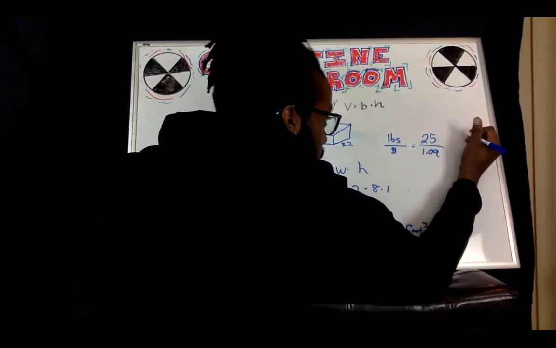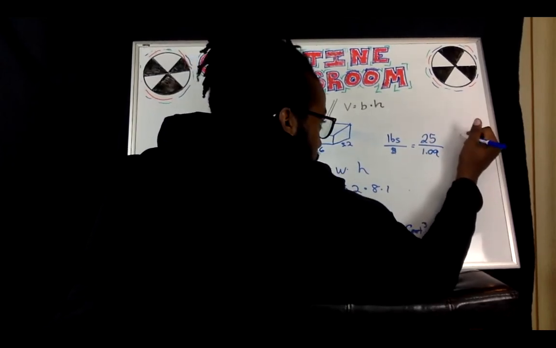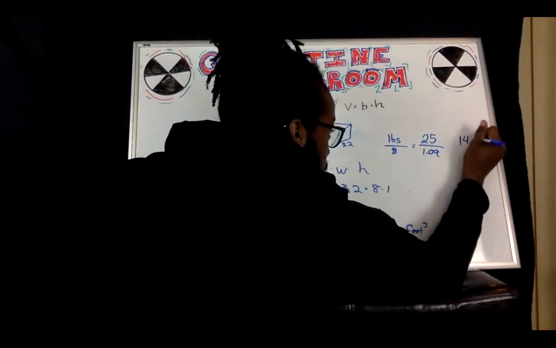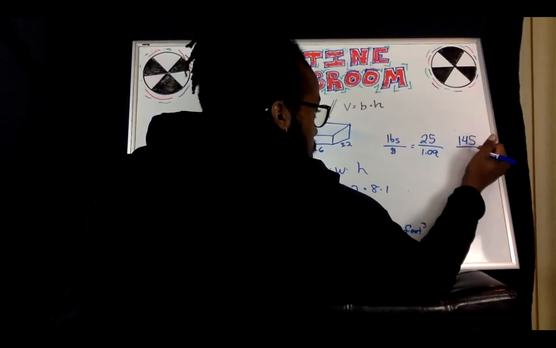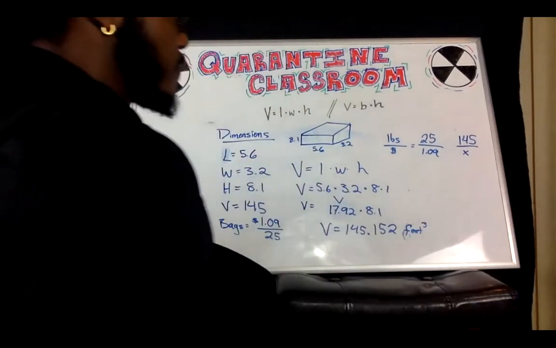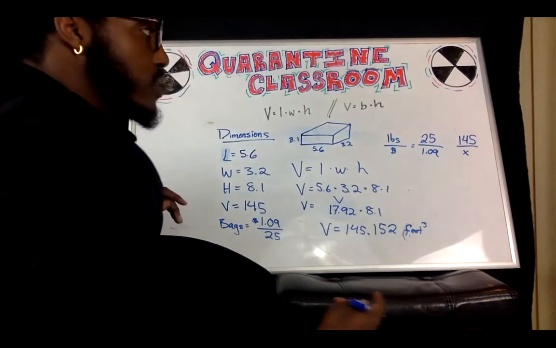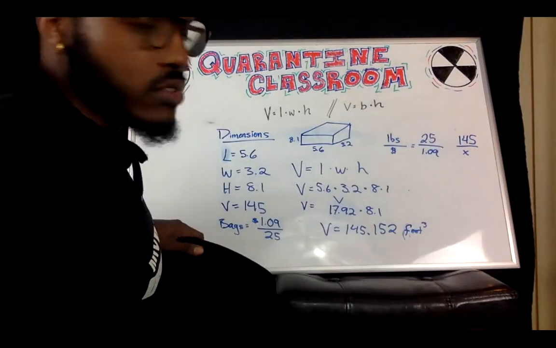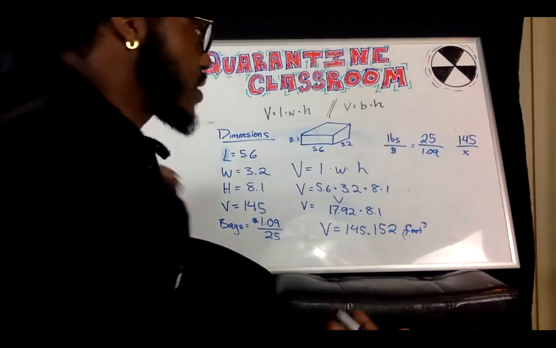And we want to know how much 145 pounds is going to cost. So basically what we need to do is figure out how many bags he needs to buy and how much that's going to cost.